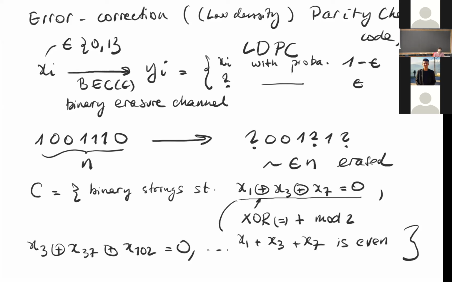And actually you can represent that with a factor graph. Okay, so let's say that we have a very simple binary string, which is just x1, x2, x3, x4.